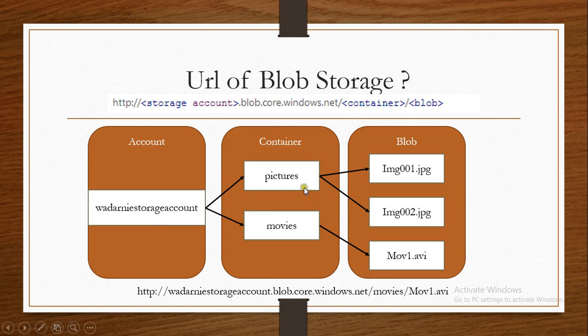One is picture container and the other is movie container. You can have any number of containers, and once you create your container, you can place all your images in that respective container. Now once I have done all this, how am I going to access my image 1 or image 2 or my movie?